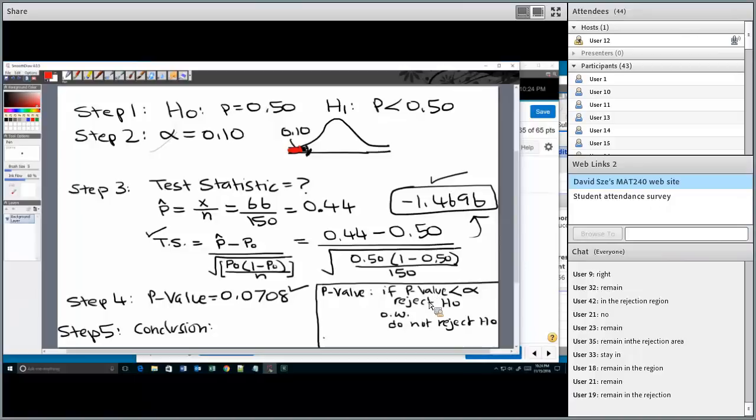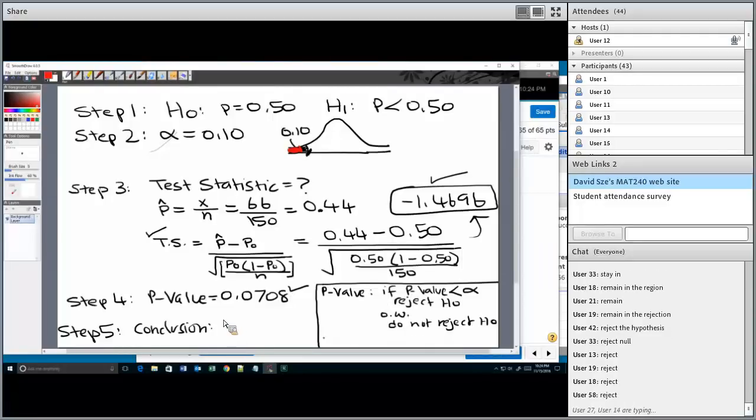So my question to you now is, based on this rule, what is my conclusion? What is the conclusion that I will make? Very good. I just reject the null hypothesis. So remember those problems where we had to write the statement for conclusion? First of all, I'm going to say reject H naught.